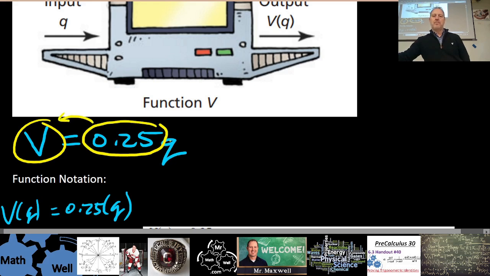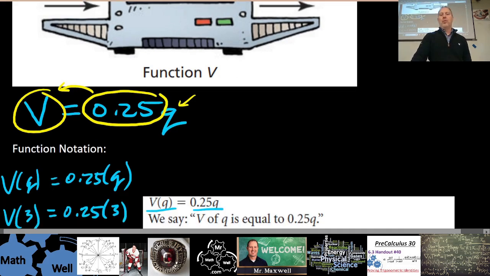That's what it means. So you start with q and you're given v. Now function notation shows what the input value is, as well as the output symbol. Function notation says you've got two parts to it. You've got the output and the input showing at the same time.